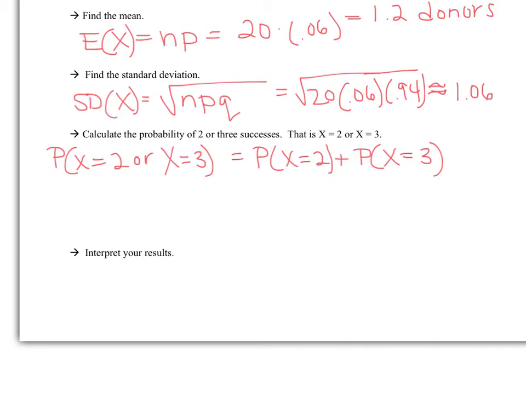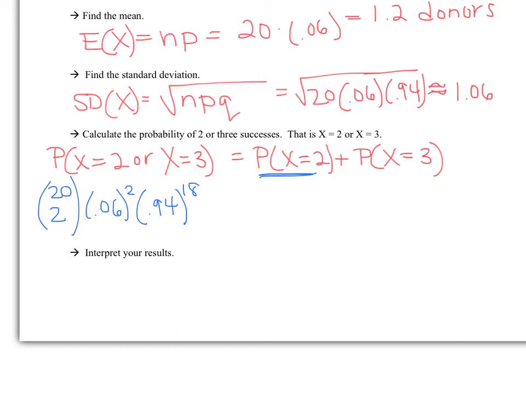So when we start with x equals 2, we have 20 people to choose from, and we need to only select 2. So it doesn't matter what 2 are those donors, it could be in any order. So we're going to do 20 choose 2 times the probability that they are both O negative, and then there are 18 people that don't have O negative.